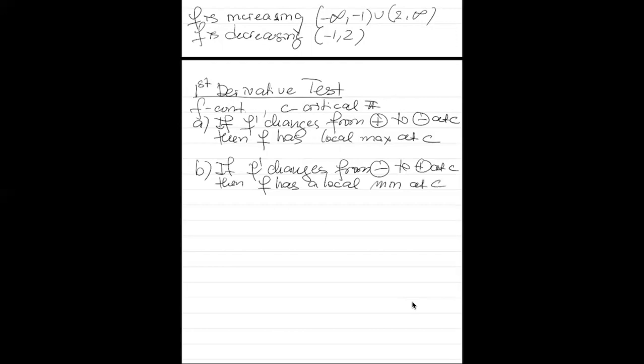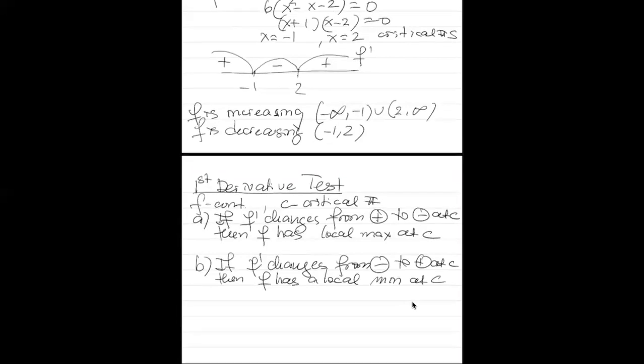So you don't have to remember the rule. You actually have to kind of imagine what's happening. Back to our example here, we are changing from positive to negative. So at that point, negative 1, we have a local max, and at 2, the function was increasing here, then decreasing, and then increasing again.